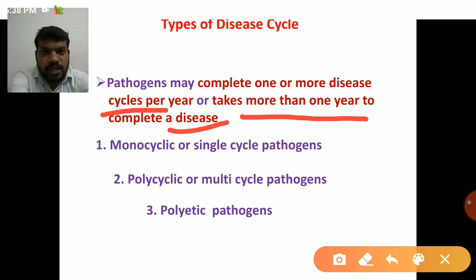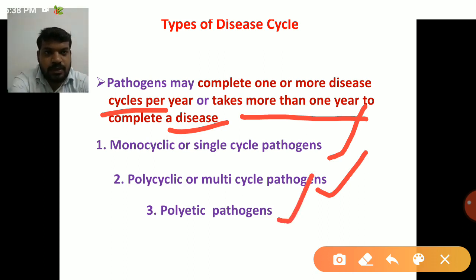So based on the time period taken by a particular pathogen, we can classify monocyclic or single cyclic pathogens, which complete a single cycle per season. Polycyclic or multicyclic pathogens complete more than one cycle per year. Then polyetic pathogens.